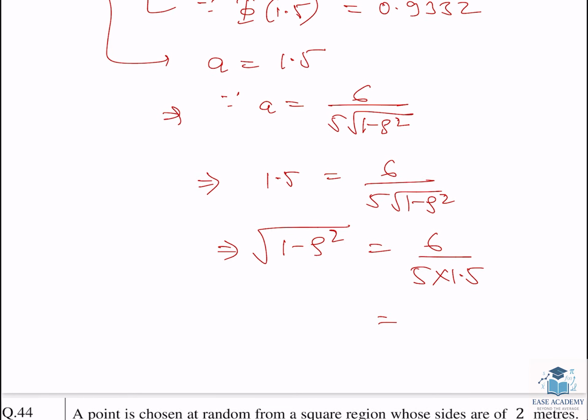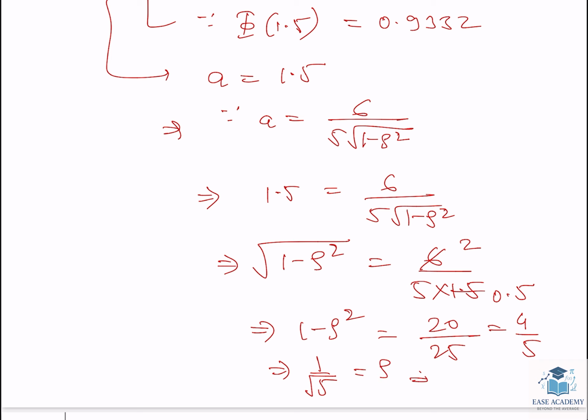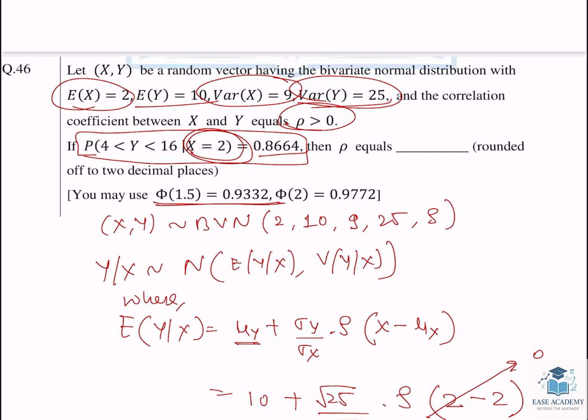That means we get 1 minus rho squared as 0.5 squared, that is 20 by 25, which is 4 by 5, so 1 by 5 root is equal to rho. We get rho as 0.60. So the answer is 0.60.